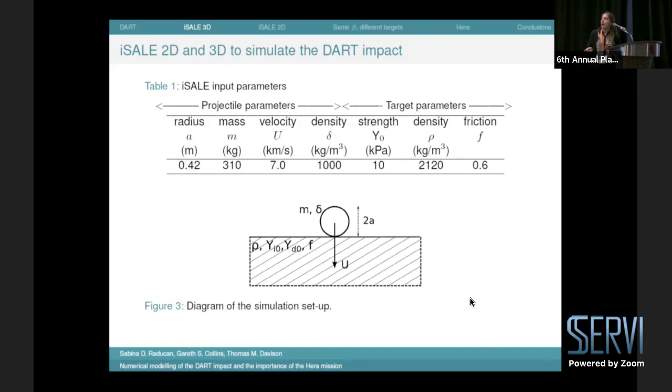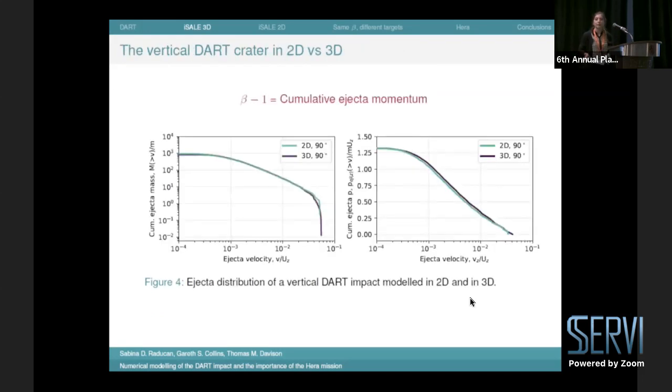The first scenario we modeled was a vertical Dart impact into a 10 kilopascal target at 20% porosity. Here we can see the results from the two simulations: the cumulative ejected mass normalized by the mass of the impactor as a function of ejecta velocity normalized by the velocity of the impactor.